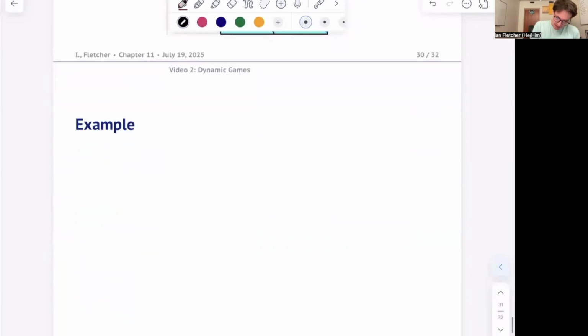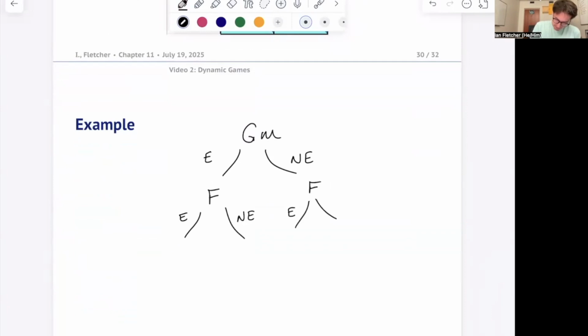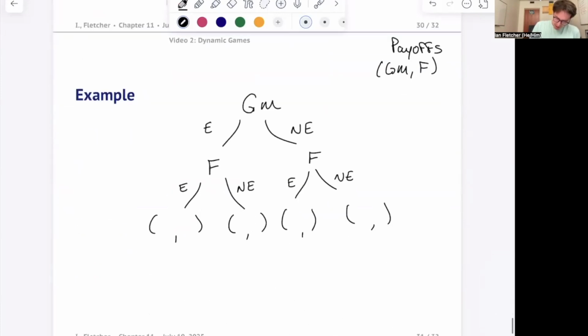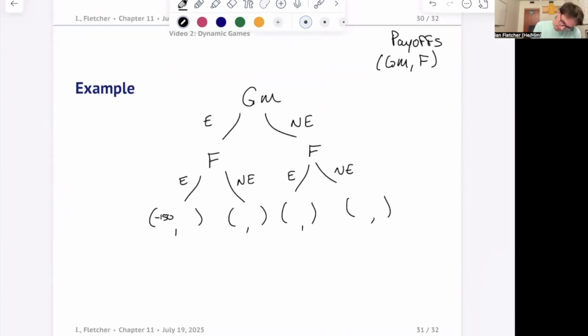So let's think about this. If we wanted GM to go first, they have a decision to enter or not enter. And Ford has a decision to enter or not enter as well. If GM enters and Ford enters, so again, we're going to go GM, Ford in our payoffs, it is going to be minus 150, 50.